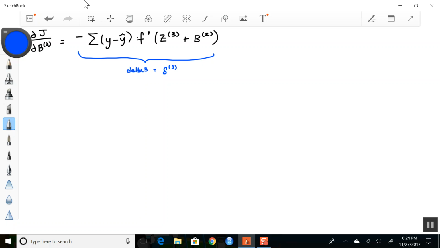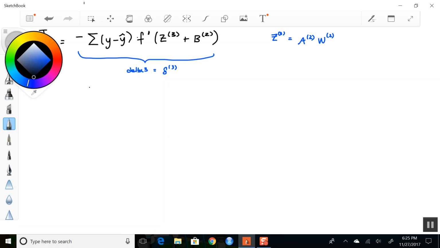So now if we want to continue to apply the chain rule, we'll see that Z3 is equal to A2 times W2, right?